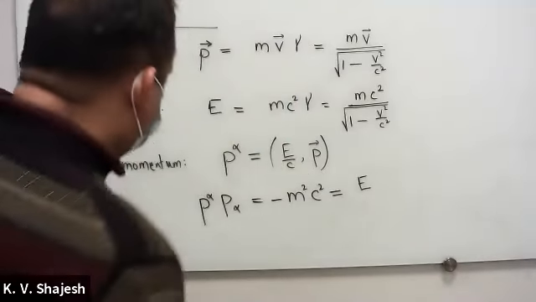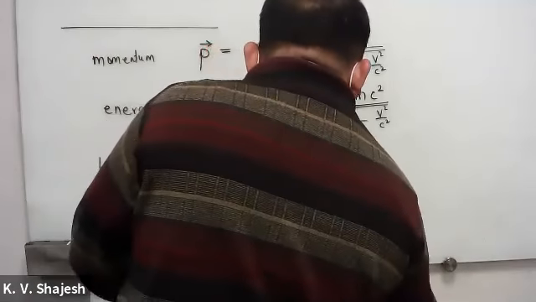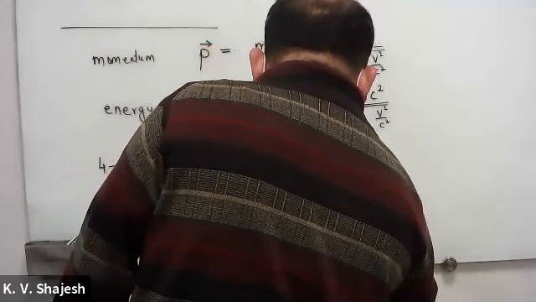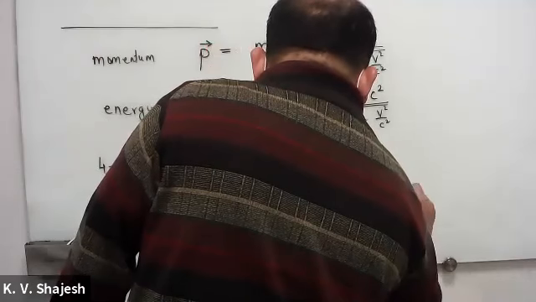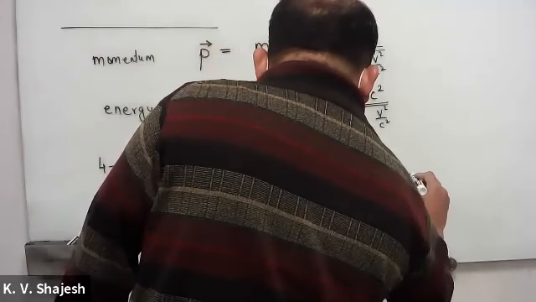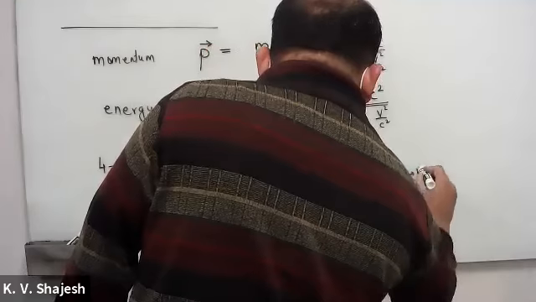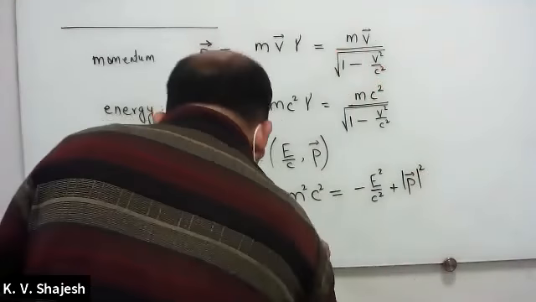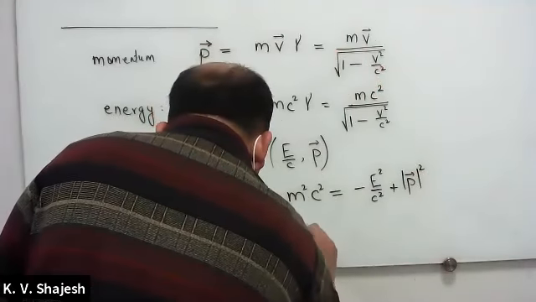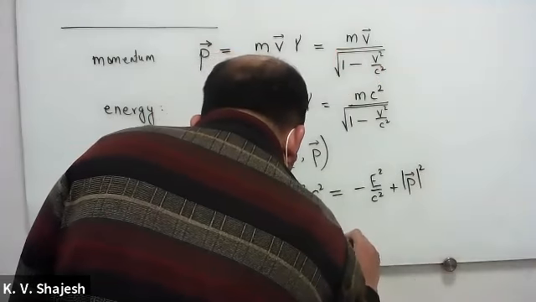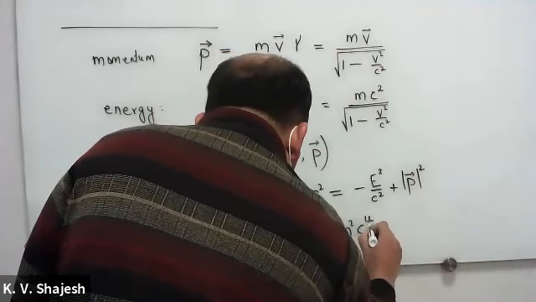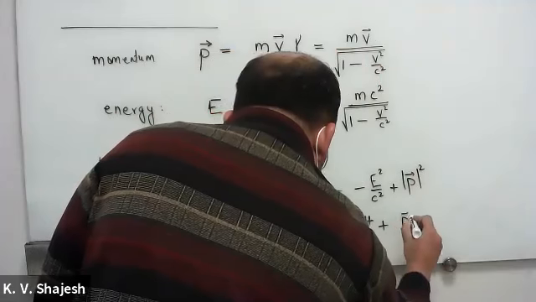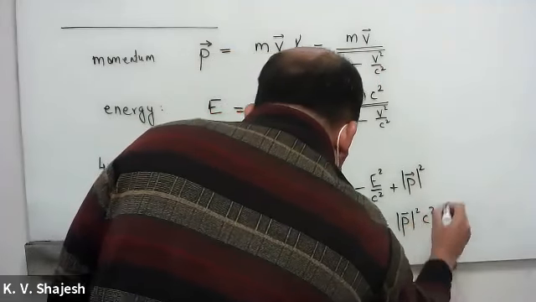negative, sorry, it's equal to negative E squared over c squared plus magnitude of p squared, which is often written as energy squared is equal to m squared c to the 4 plus momentum squared c squared.